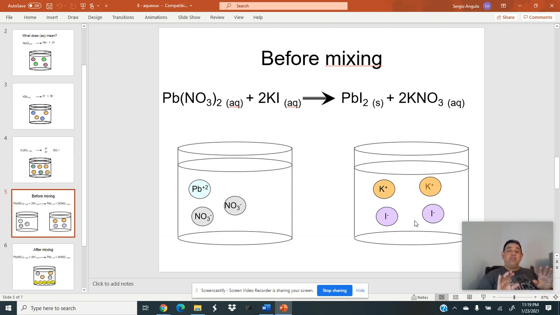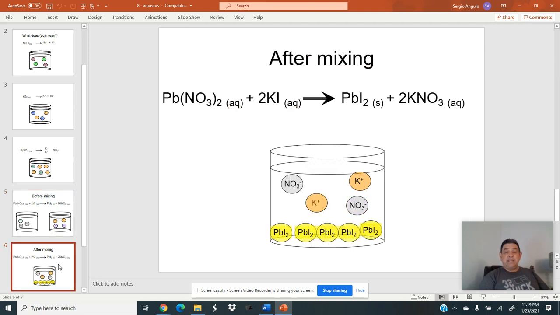So these are the solutions we have before we start this reaction, before we start this double displacement reaction. Once we mix them, what happens is this. We form lead iodide and potassium nitrate. The lead iodide is a solid, which means that the lead iodide particles are going to get together and not be individual ions anymore.